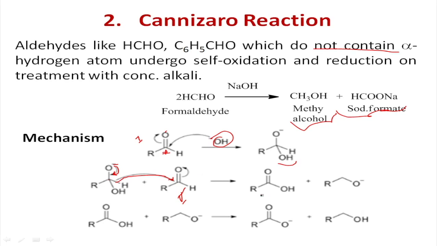So you get RCOOH plus RCH2O minus, and on protonation you get an acid ion and an alcohol.